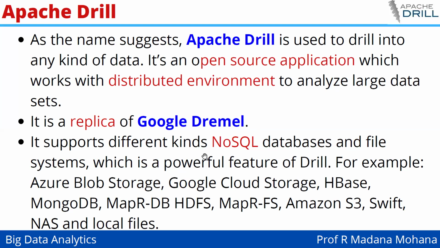It supports different kinds of NoSQL databases and file systems, which is a powerful feature of Drill. For example, Azure Blob Storage, Google Cloud Storage, HBase, MongoDB, MapR-DB, HDFS, MapR-FS, Amazon S3, Swift, NAS, and local files. These are some of the examples.